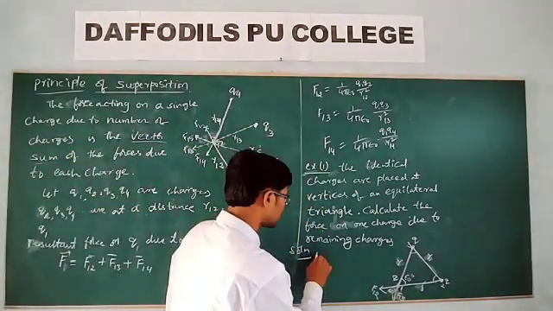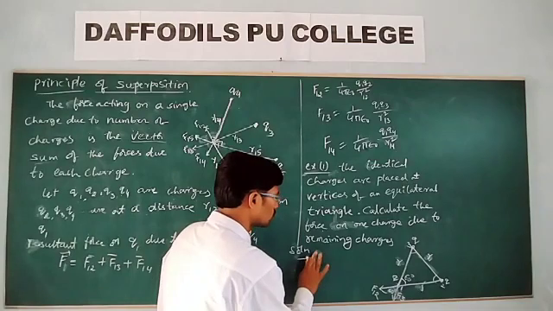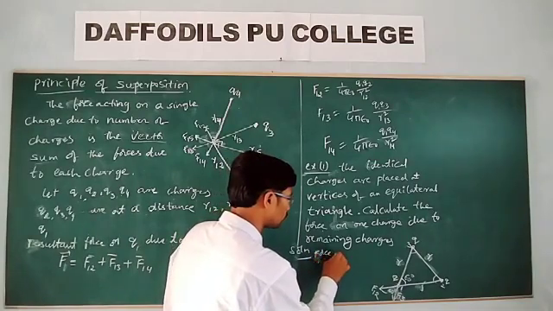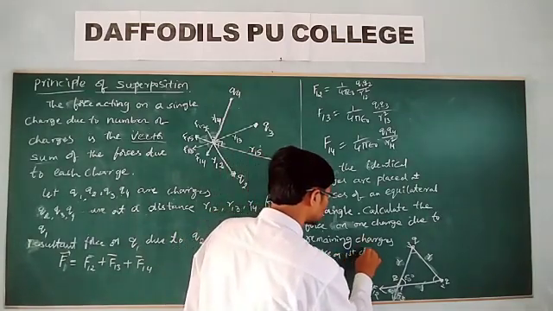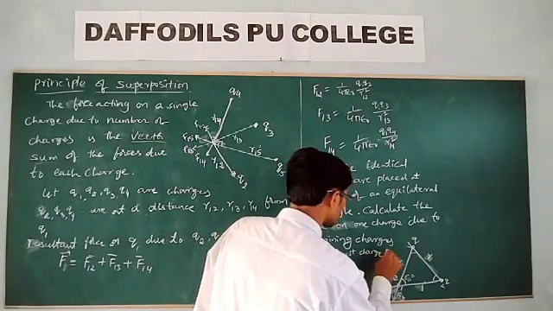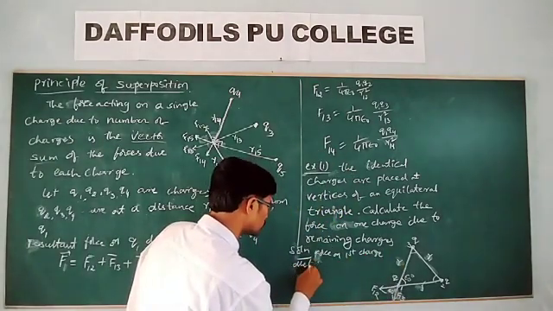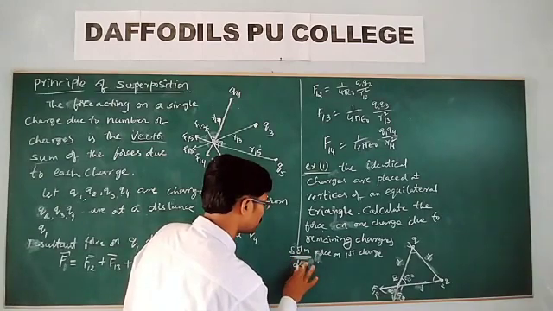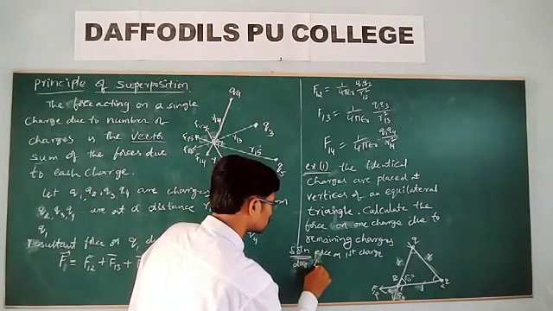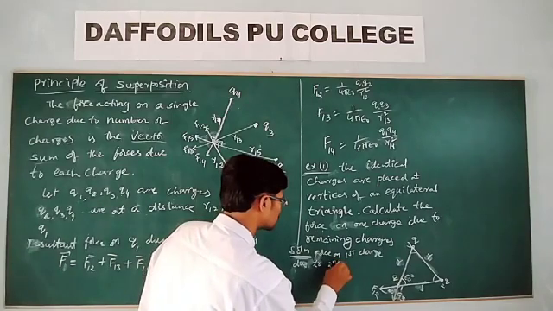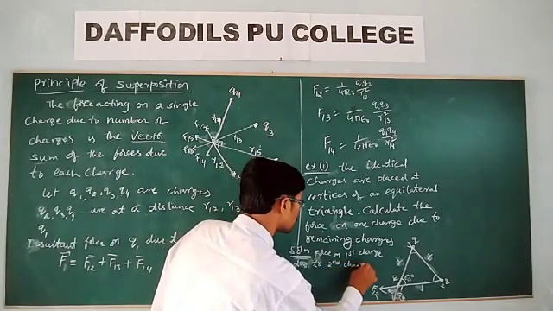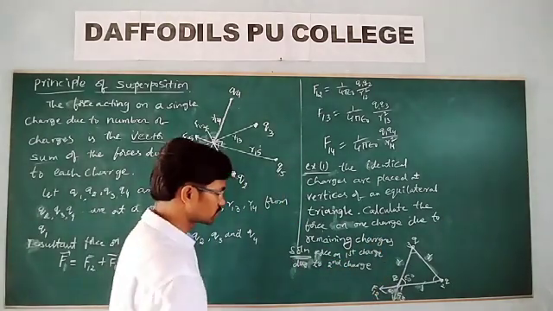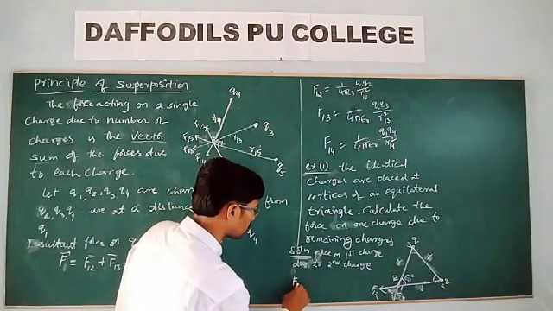Now let me write F12, the force on the first charge due to the second charge.